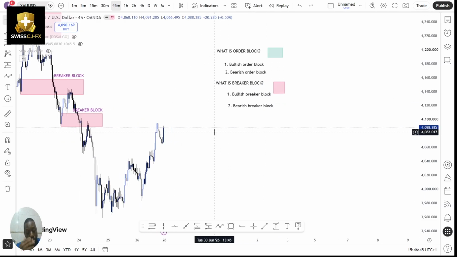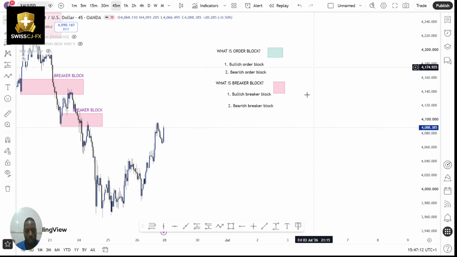One of the easiest ways to identify them is using a principle that price action traders use, which is the W pattern and the M pattern. The bullish order block follows the W pattern, while the bearish order block follows the M pattern.